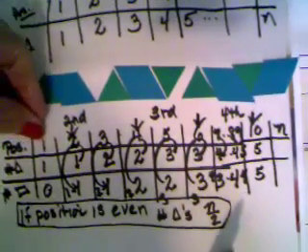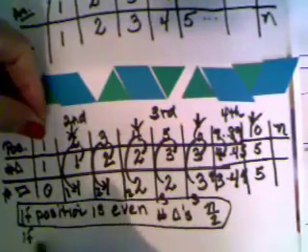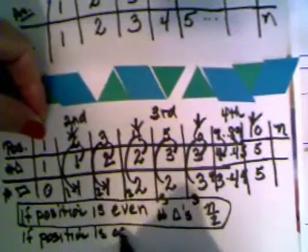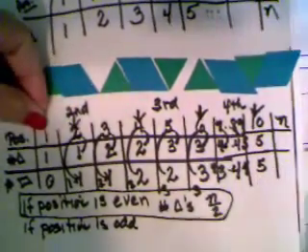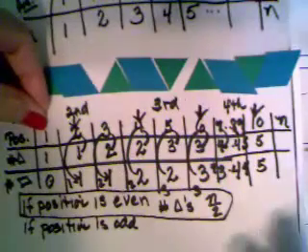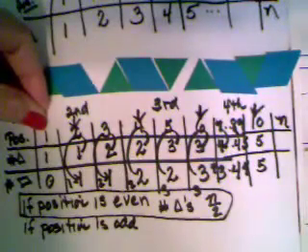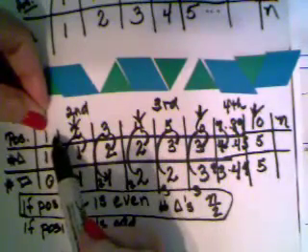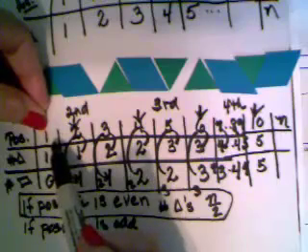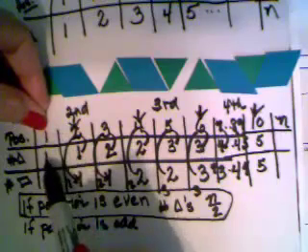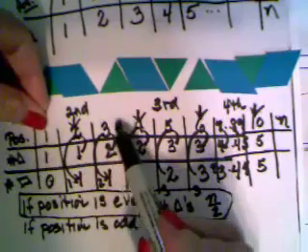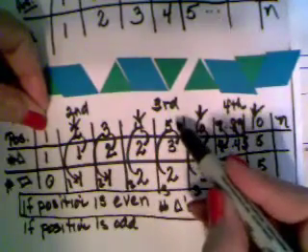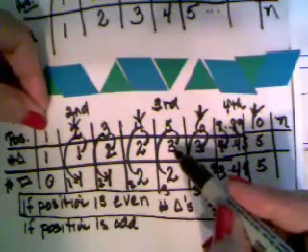So if I take the position, if the position is odd, if I add 1 to the position and divide it by 2, 1 plus 1 divided by 2 is 1. 3 plus 1 divided by 2 is 2. 5 plus 1 divided by 2 would be 3.